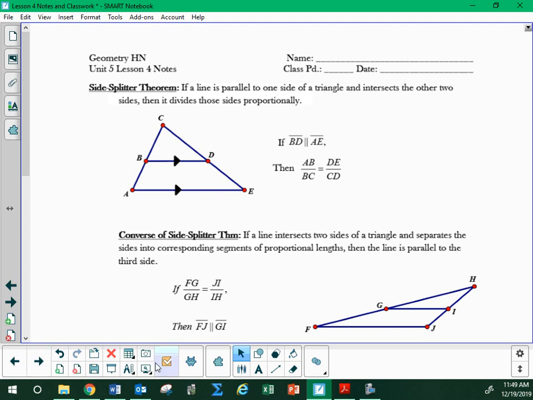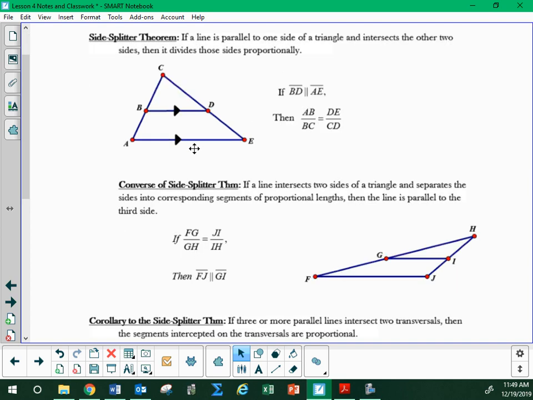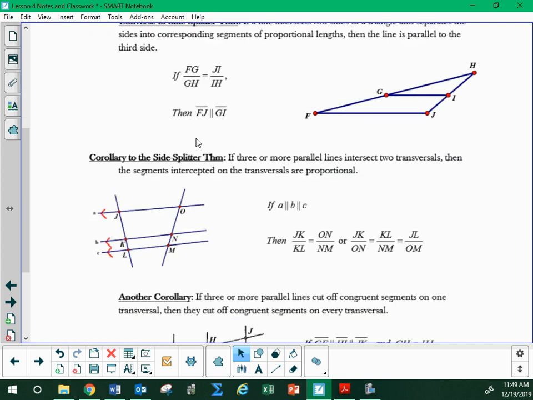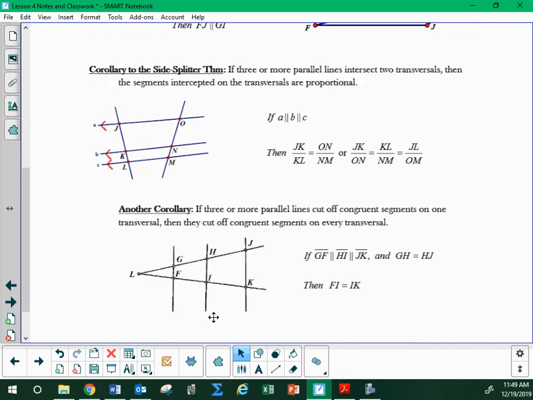But what we're learning today is what we can do with those pieces when those pieces are given to us. You'll notice these first two are just the original side splitter and the converse. And then these afterwards are called corollaries, which is pretty much like a follow-up thought. These stem from our side splitter. A corollary is kind of like a sub-bullet point, a follow-through thought.